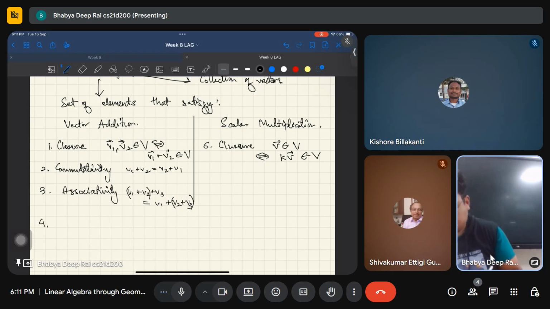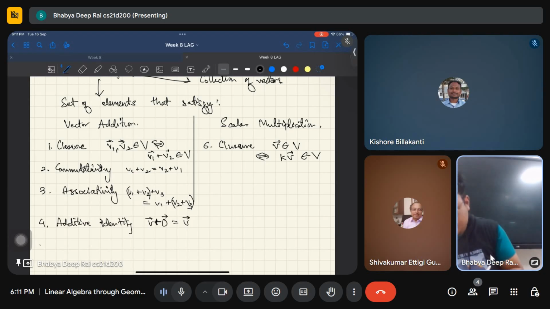Then additive identity, the existence of identity, which simply means that there should be a unique vector called the zero vector, which when I add to v, I get the same thing. It is also commutative, so it does not matter whether you add it from the left or the right.